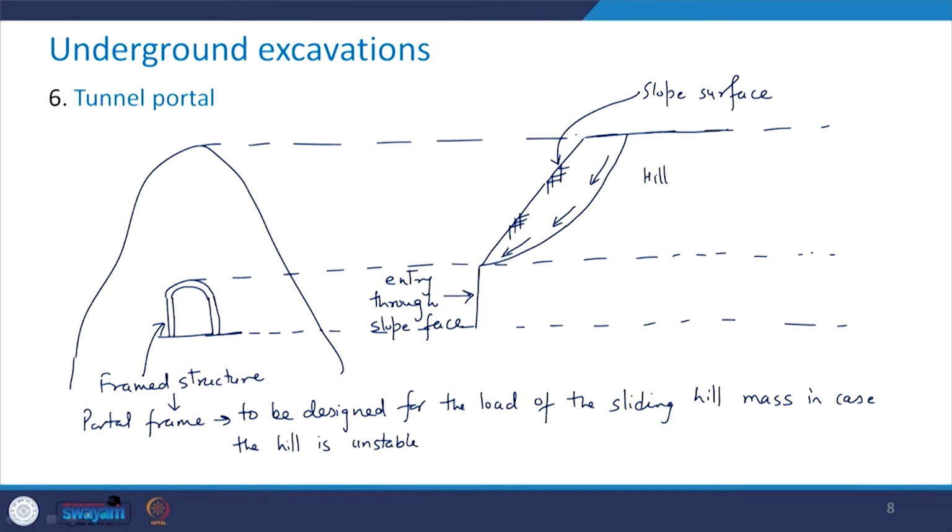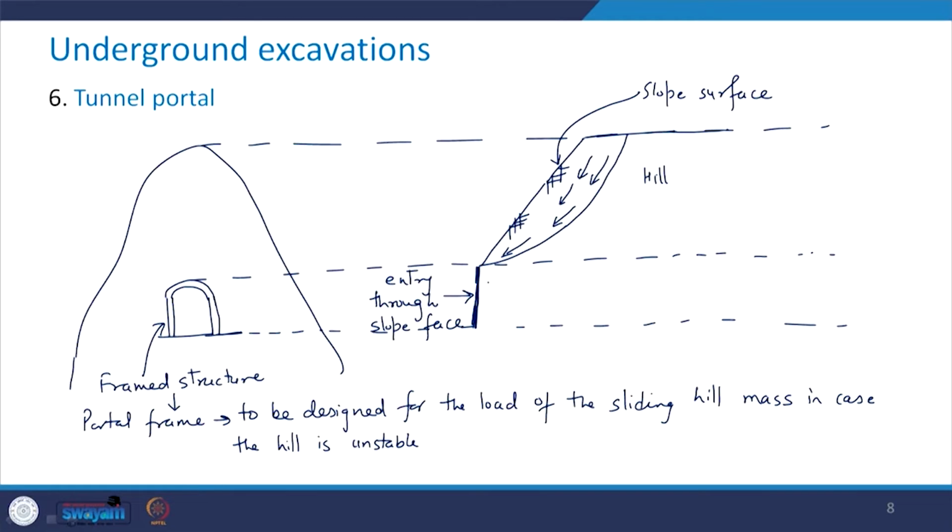So, in case this portion has a tendency to slide, then this portal frame should be designed in such a manner that whatever is the load because of this sliding mass, this portal frame should be able to take that much of the load.